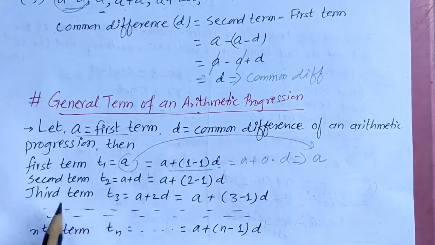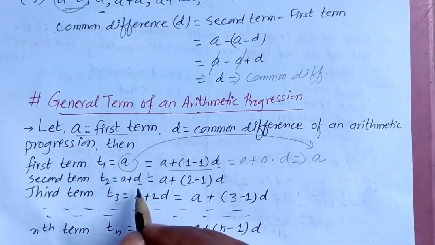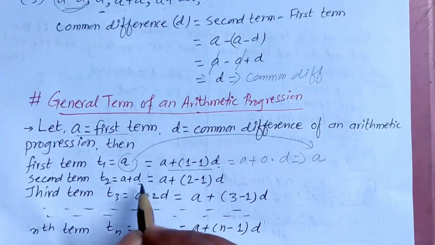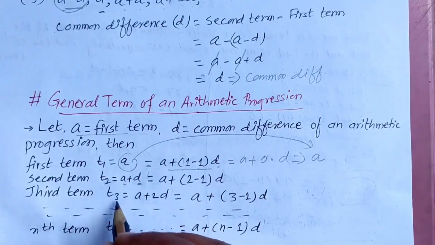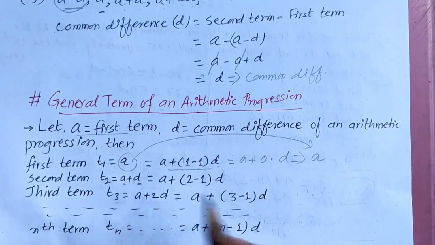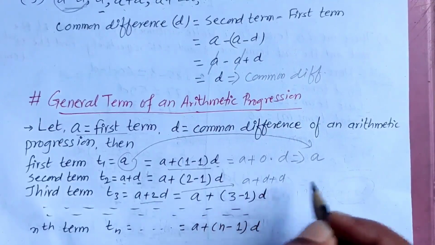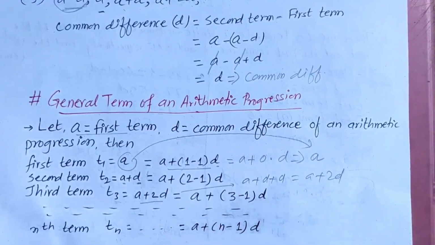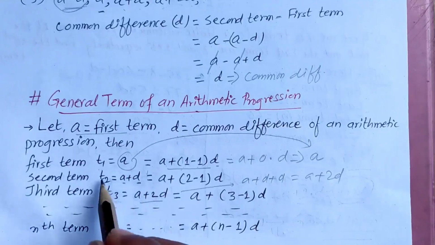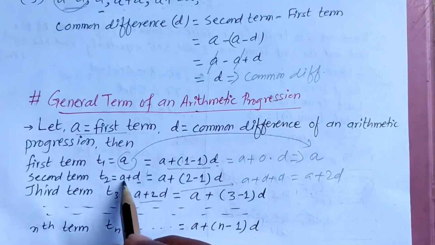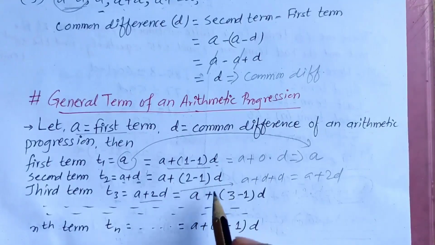T2 is equal to A plus D. Since D is the common difference, in each coming term we go on adding D. In the second term we have added only 1 D, so A plus D. In the next term we again add D, so A plus 2D can be written as A plus D plus D. T2 equal to A plus D can be written as A plus (2 minus 1) D. Why do we write 2 minus 1?